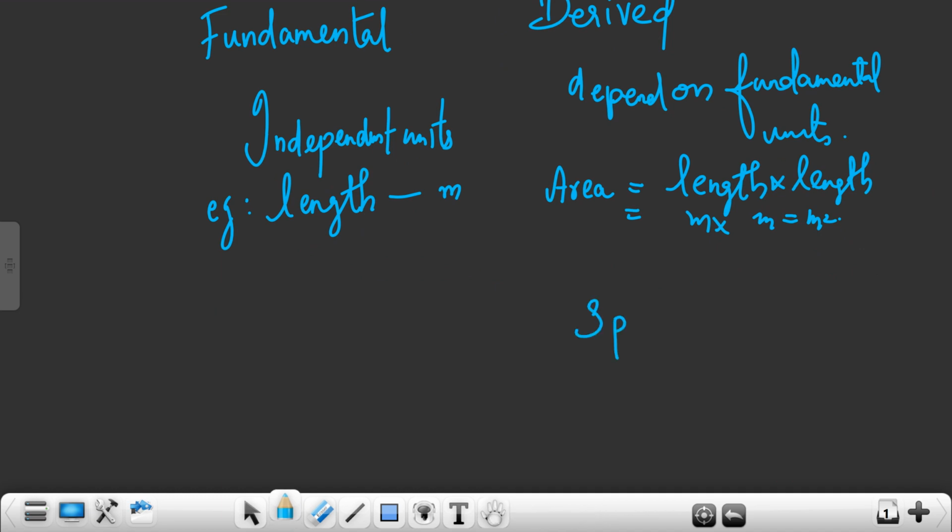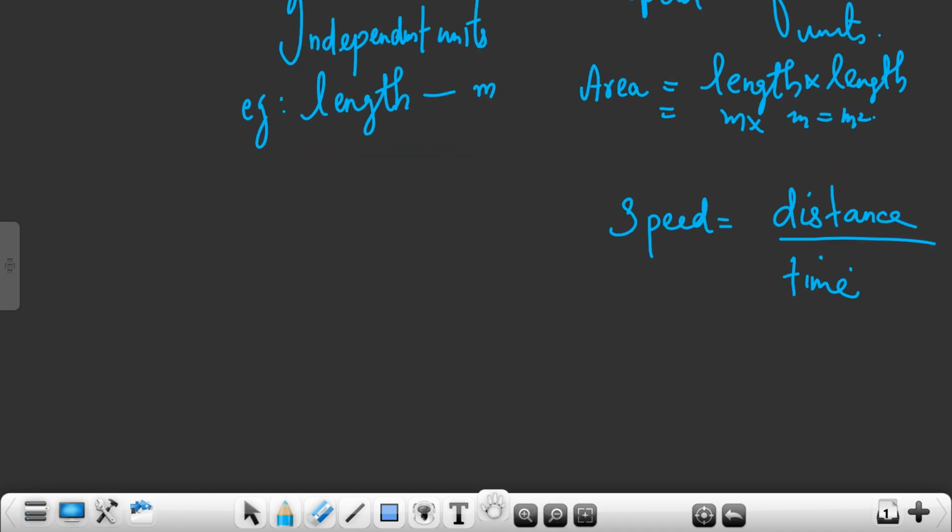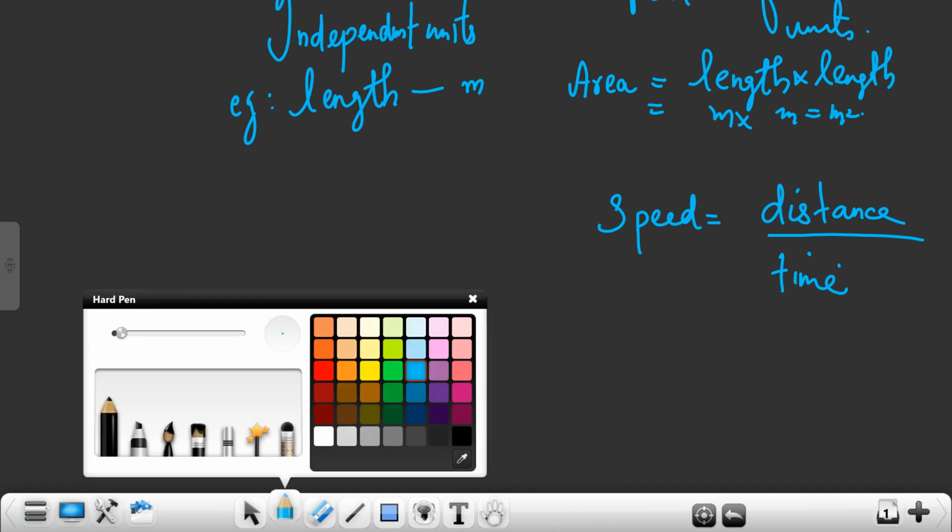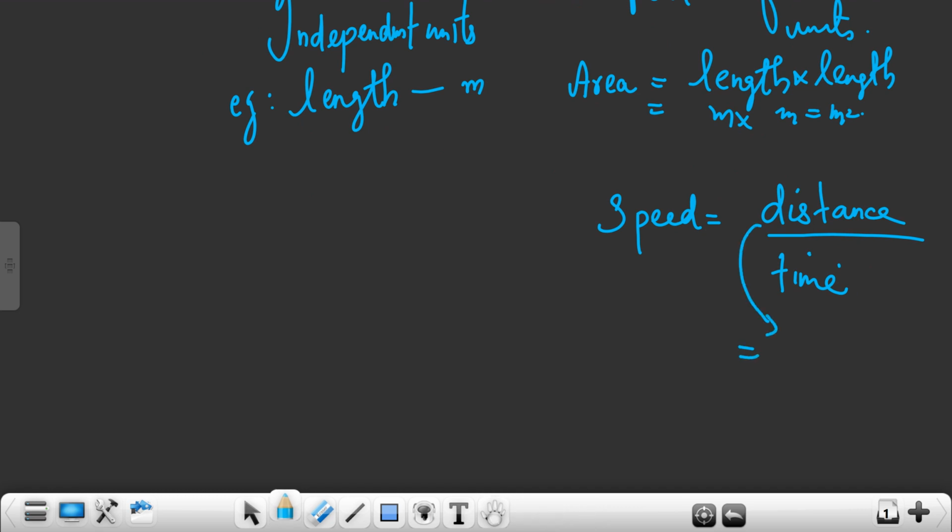Or speed. We know what is the expression for speed? Distance by time. Speed is a physical quantity, distance is a physical quantity, and time is also a physical quantity. What is the unit of distance? Distance is expressed in terms of meter and time in seconds, and speed is equal to meter per second.